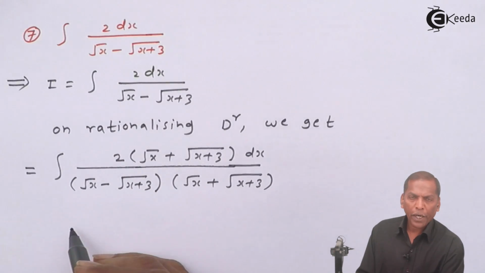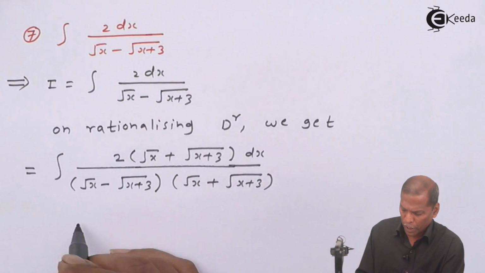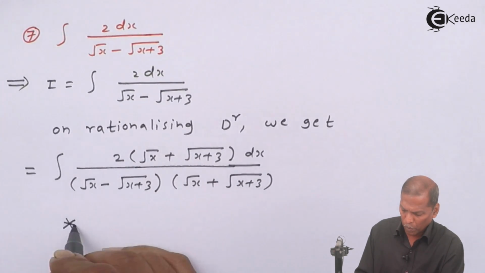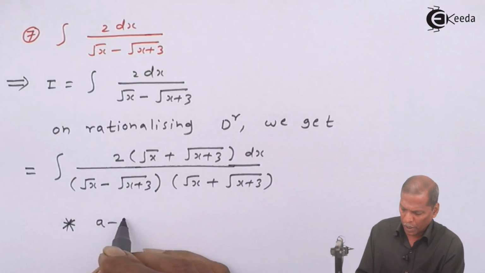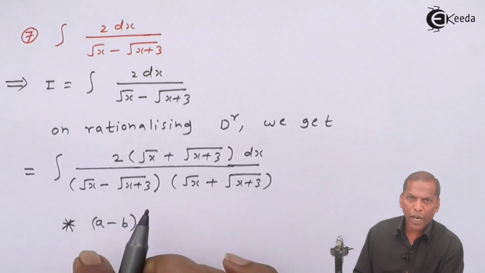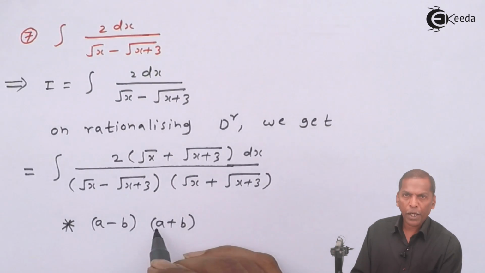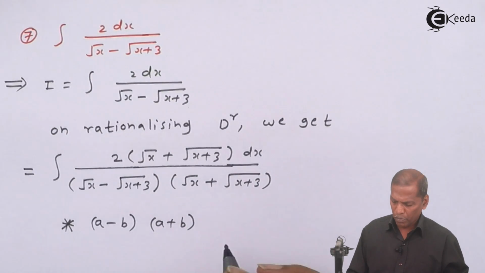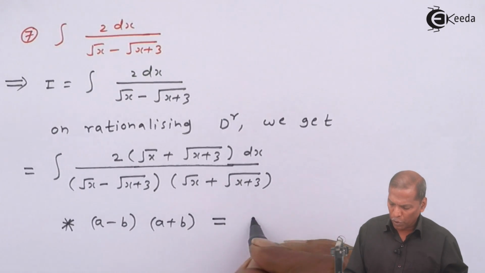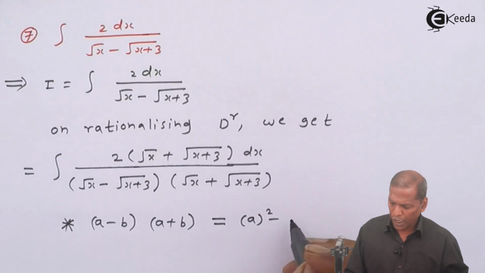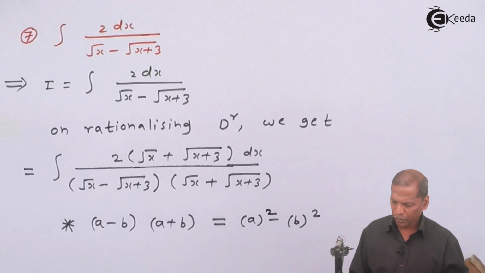Now in the denominator we apply the formula that (a minus b) in one bracket and (a plus b) in the second bracket equals a square minus b square.